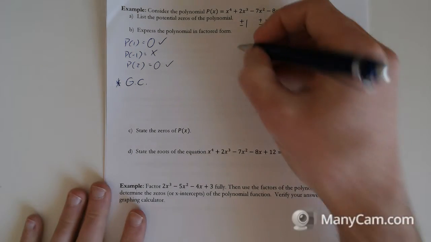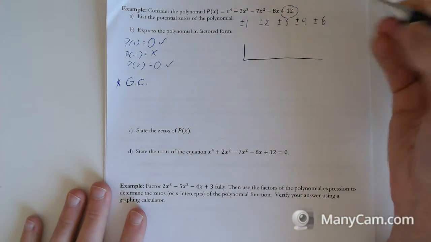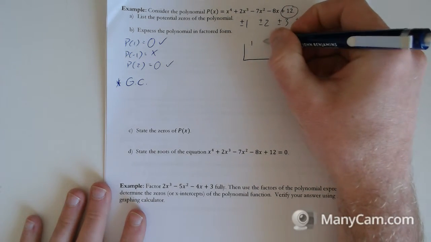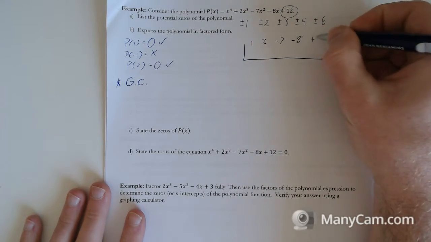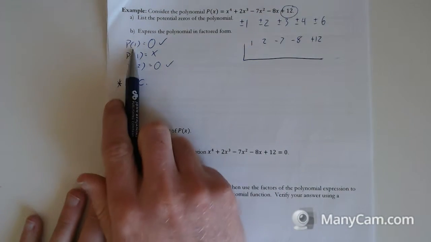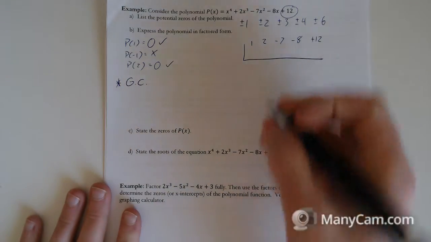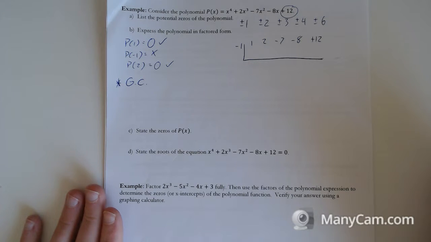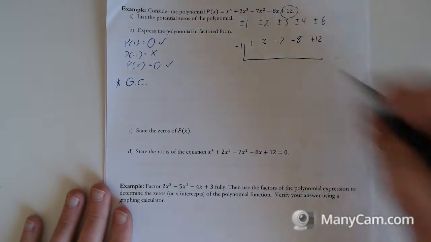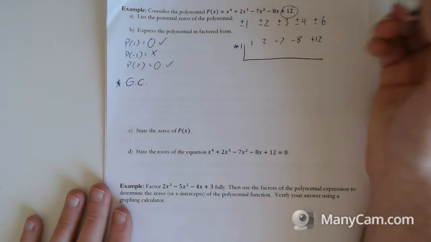So we're going to do synthetic division. 1, 2, -7, -8, +12. And I've got 1 first, so I'm going to put a negative 1 over here. Oh no, I want to use the right version of it.